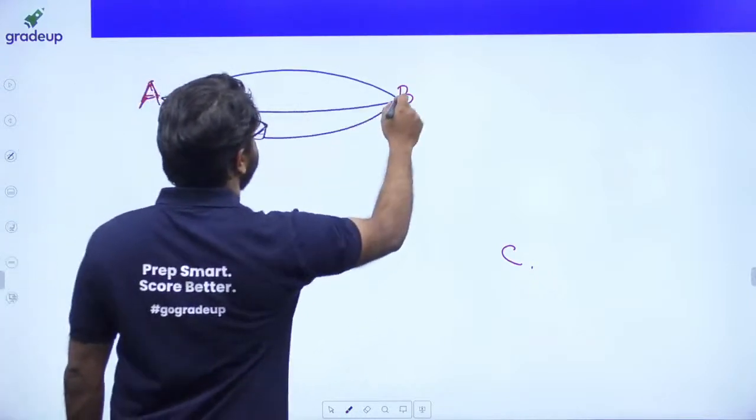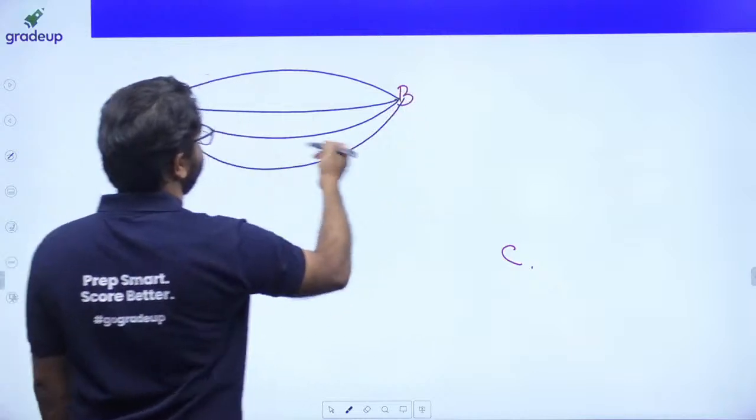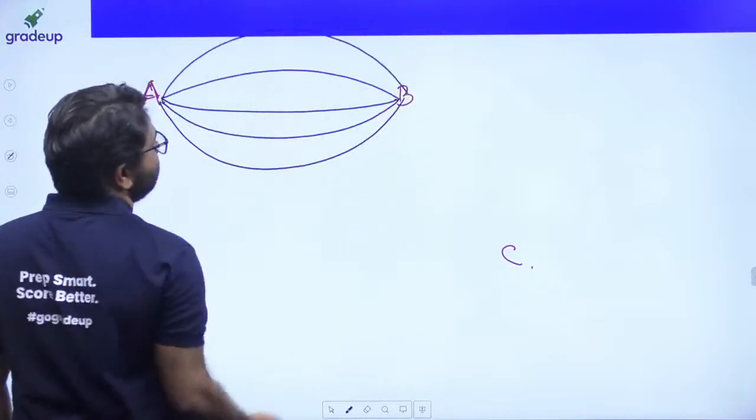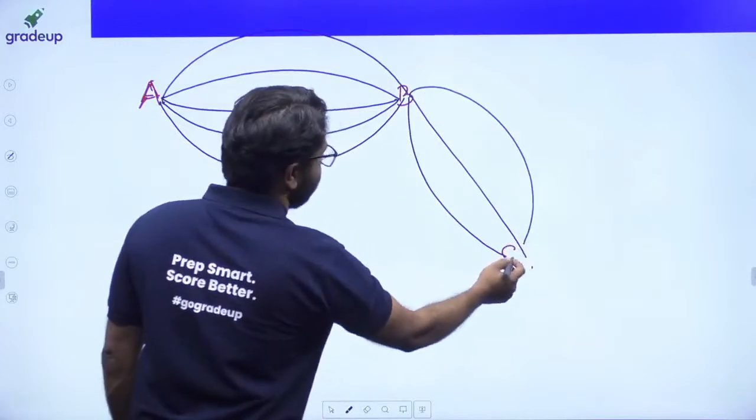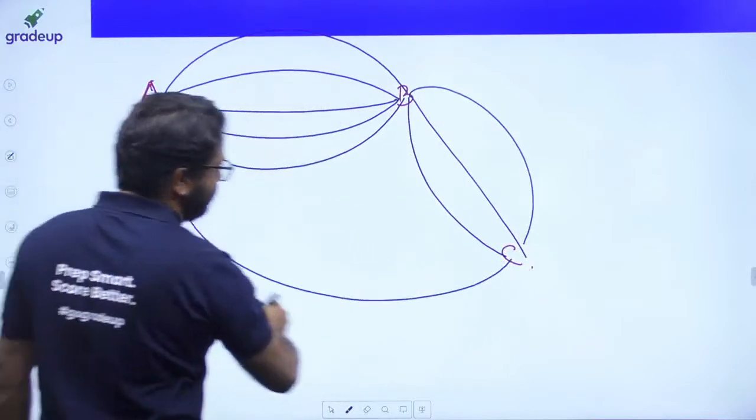From B to C 3 ways we can go. And directly from A to C again 3 ways.